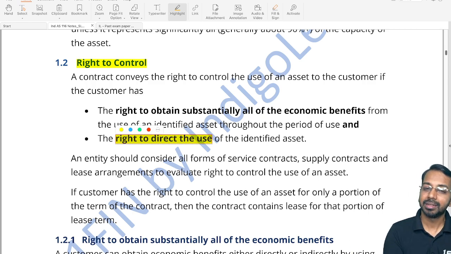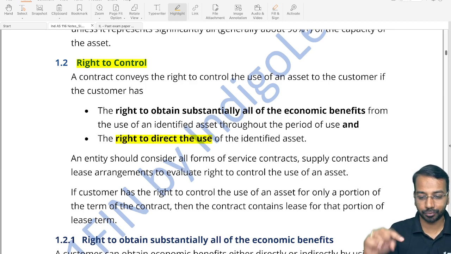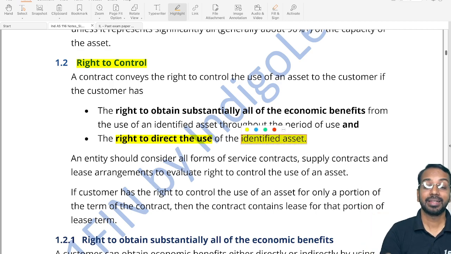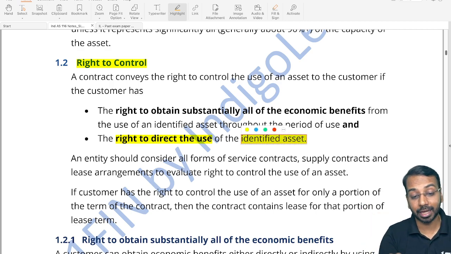In that case, will the lessor be happy? He will not be happy. He'll come back and he'll stop me. So I can use the asset within the terms and conditions of the contract. That is what is called right to direct the use of what? Of the identified asset. So first thing, identify the asset. Second thing, the customer has the right to direct the use. That is the second aspect.